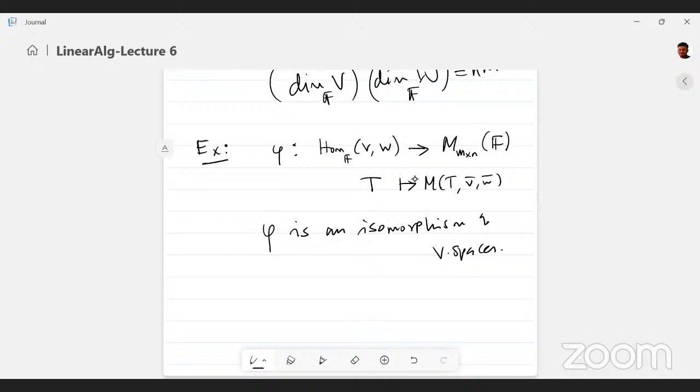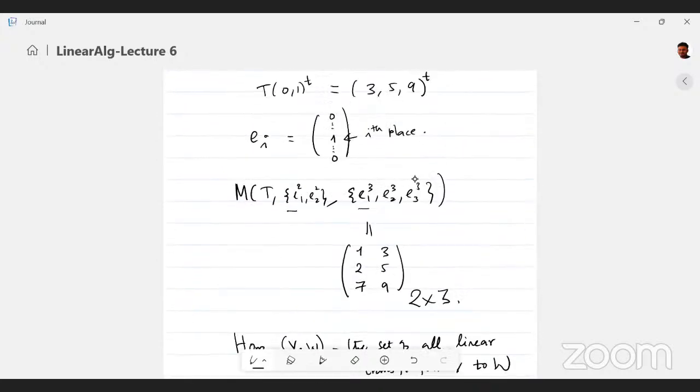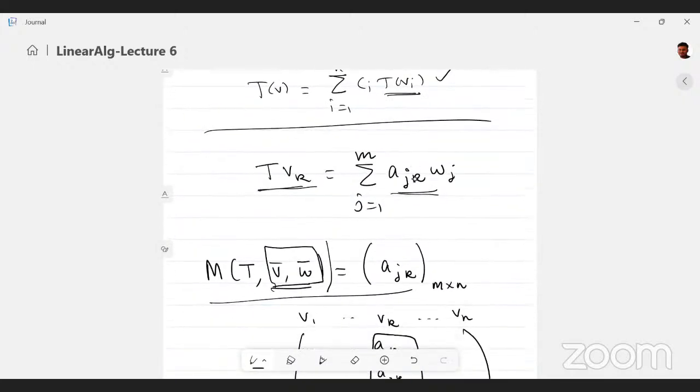The kernel will be those linear transformations T such that the corresponding matrix is 0. If the matrix is 0, all the entries are 0. If all the entries are 0, then if you go back to this equation, T(v_k) will become 0. If T(v_k) is 0 for all k, then what will happen?